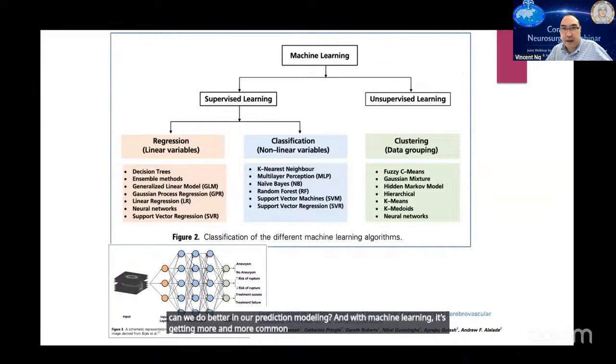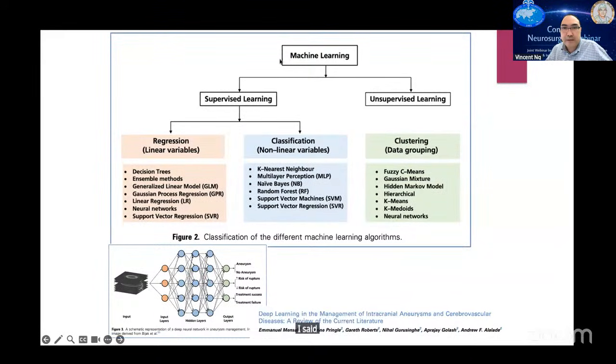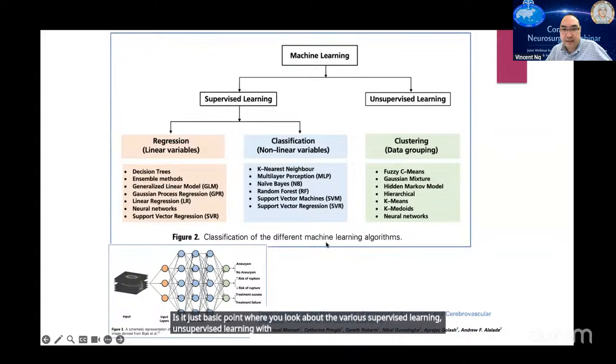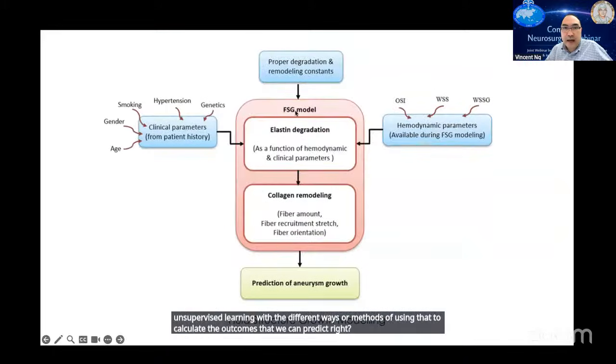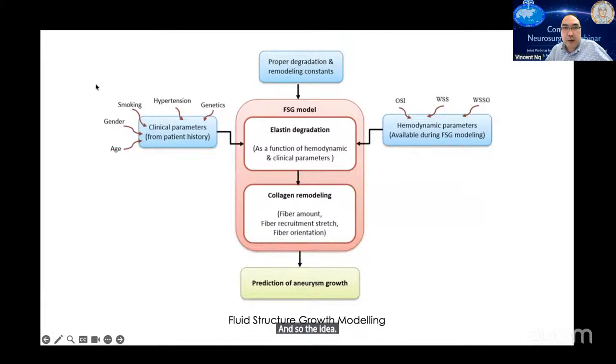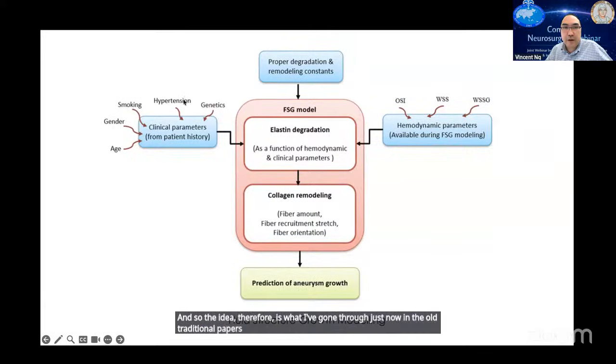As a basic point, you talk about supervised learning and unsupervised learning, with different methods of calculating the outcomes we can predict. The idea, therefore, is what I've gone through just now: in the old traditional papers, we were talking about the patient's clinical factors itself.